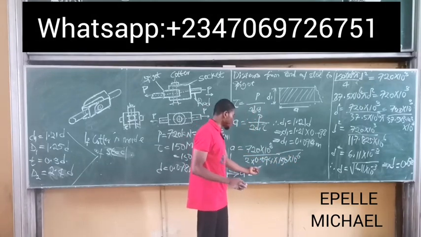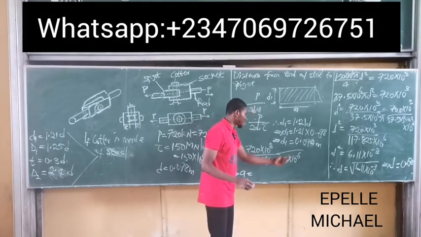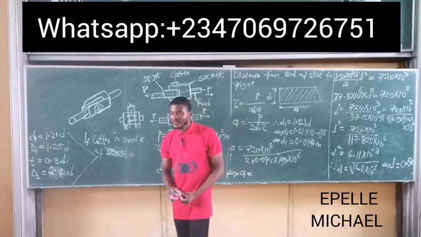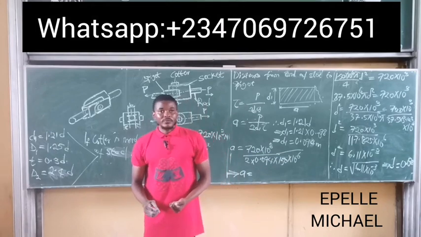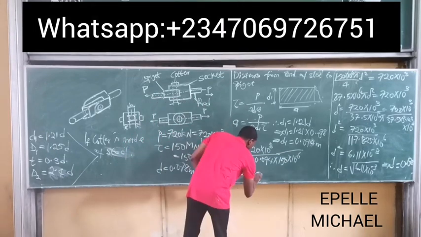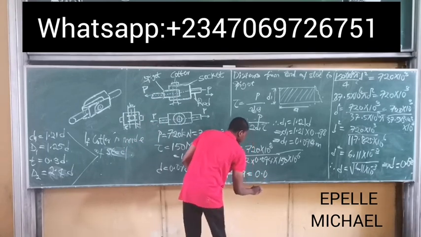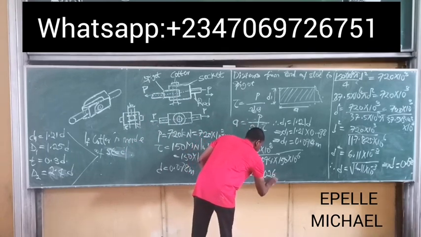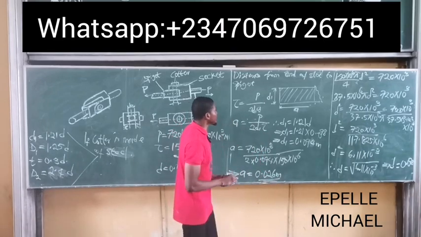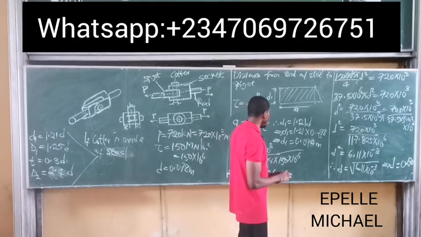So 2 multiplies 0.094 multiplies 150 exponential 6, and divide 720 by that value. That means distance A is equal to 0.026 meters, which is the distance from the slot to the spigot end.